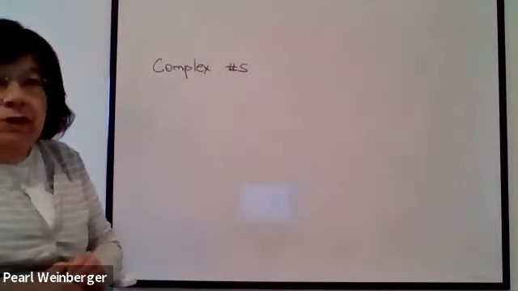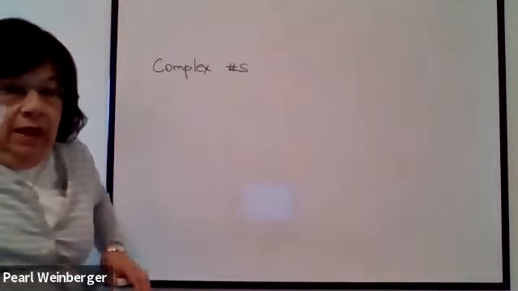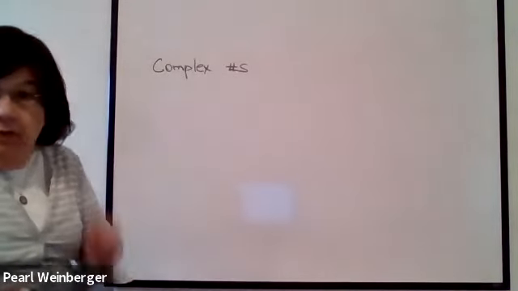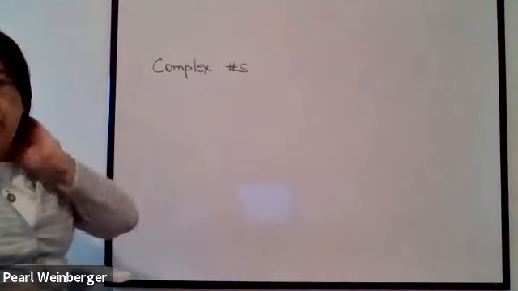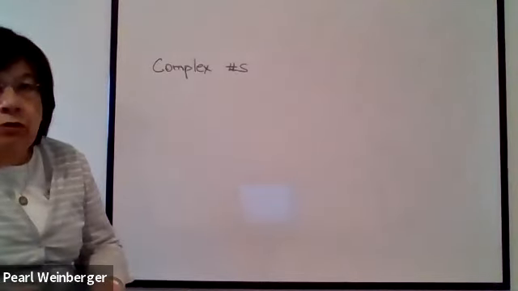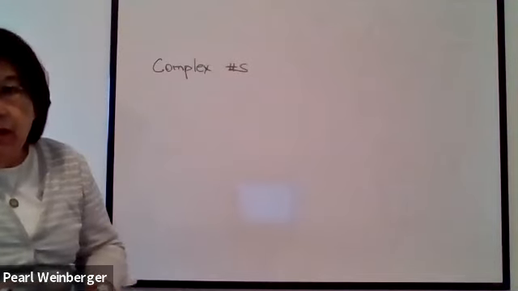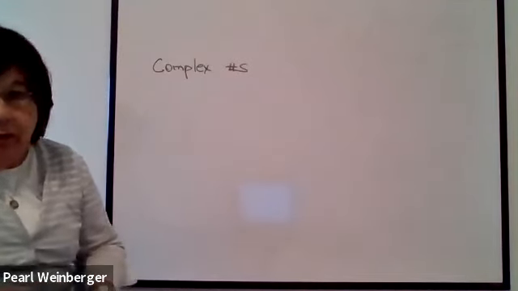And what we're going to be talking about is extending our number system that we use on a regular basis to be able to include a situation in which we're trying to take the square root of a negative number.